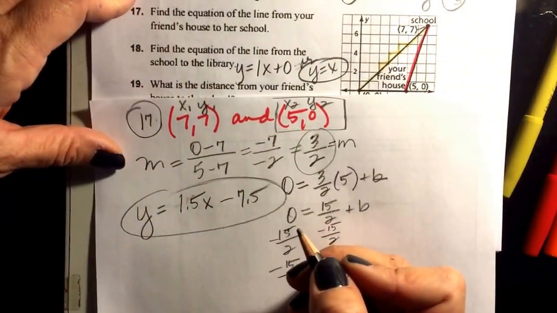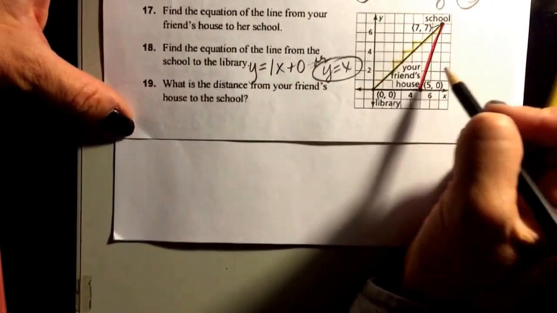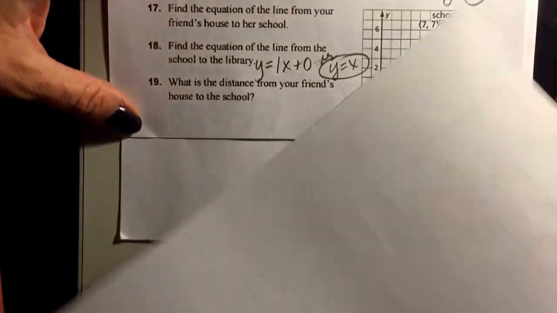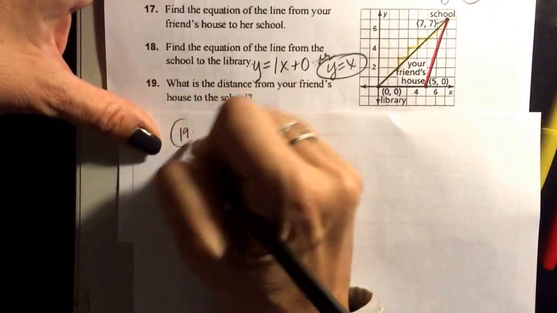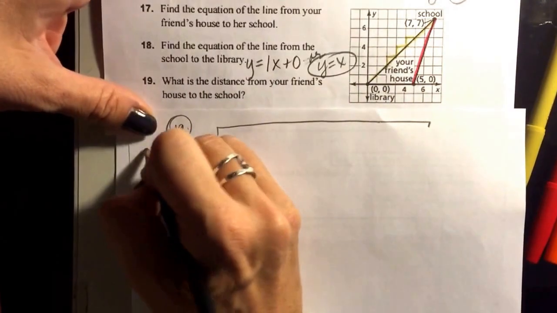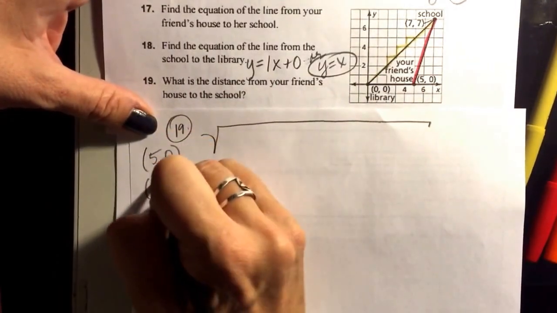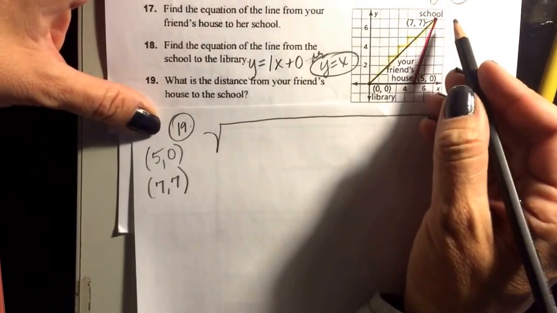Now last but not least, in number 19, we're looking for the distance from our friend's house to school, so this gets us back into using the distance formula. 19. Friend's house to school, I've got the points 5, 0, and 7, 7. It doesn't have anything to do with slope. It has to do with the length of the segment, the red segment.